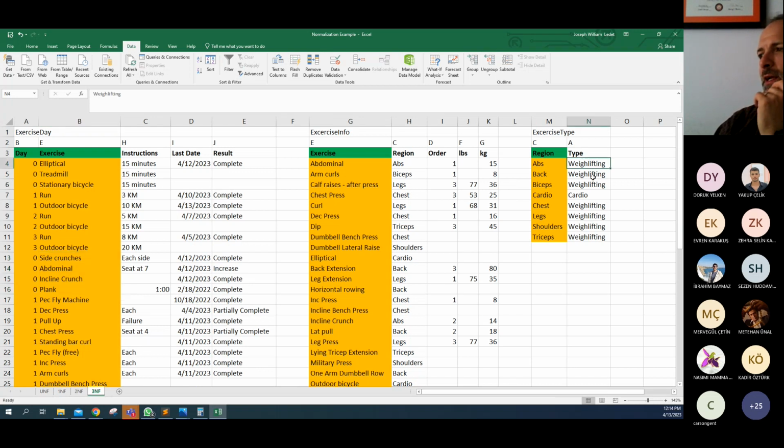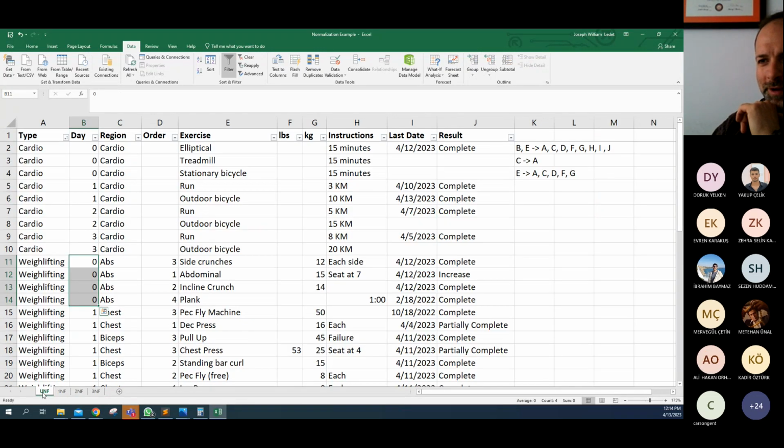Okay, let's say I wanted to change the type of exercise. Oh, I see a problem. I typed weightlifting wrong. So let's say I wanted to change it here, right? I'm going to change it here, but I didn't change it for all the others, right?